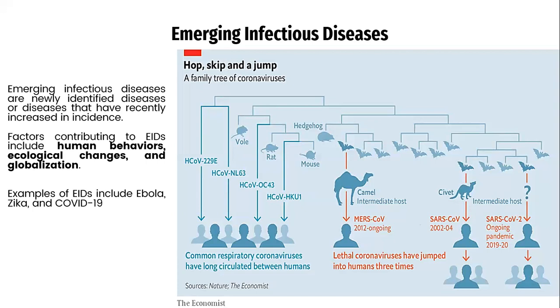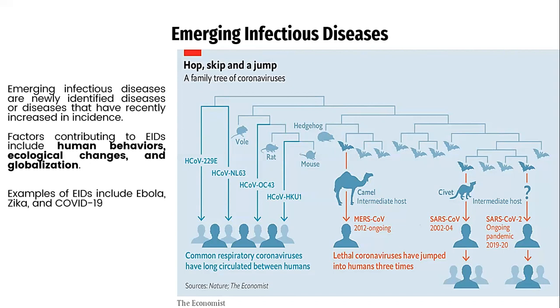So factors contributing to emerging infectious diseases include human behavior, ecological changes, and globalization. Examples include Ebola, Zika, COVID-19, and globalization is a key one because right now it is so much easier to travel from one country to another.